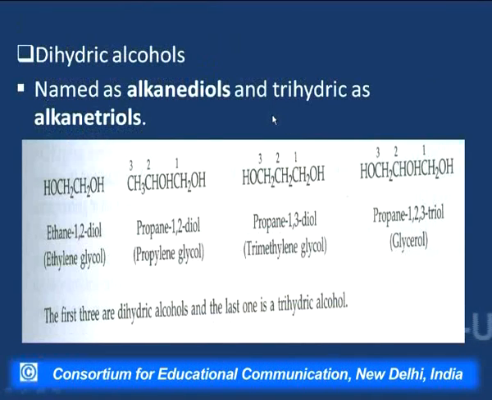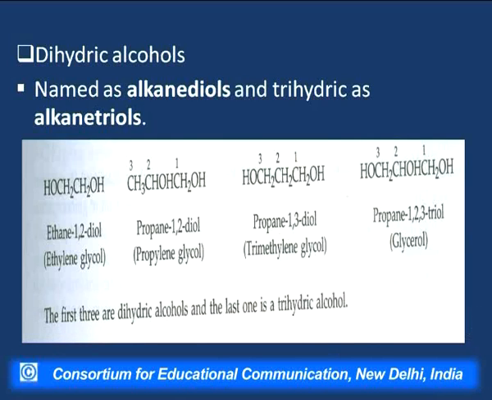Now, if we replace 2 hydrogens with 2 OH groups, then it becomes a dihydric alcohol, and we name the compound as alkane diol. Diols can either be vicinal diols, that is, the 2 OH are attached to adjacent carbon atoms, or they can be isolated, that is, 2 hydroxyl groups are attached to 2 carbons which are far away from each other.